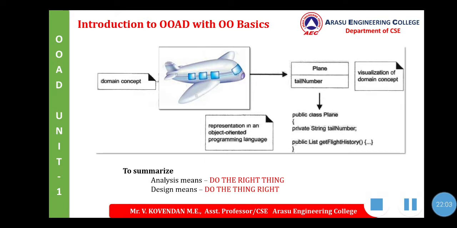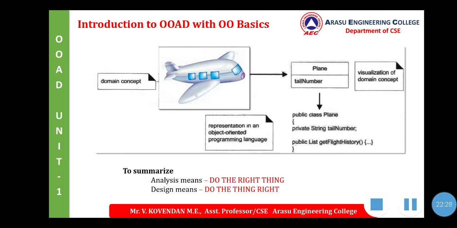To summarize object oriented analysis and design: analysis means, are we doing the right thing? Are we planning correctly, are we analyzing the records, the equipment, the raw materials, and everything in a proper method or not? So analyzing things in the right manner. And design means doing the thing right.